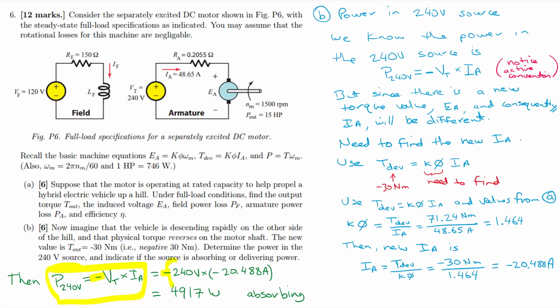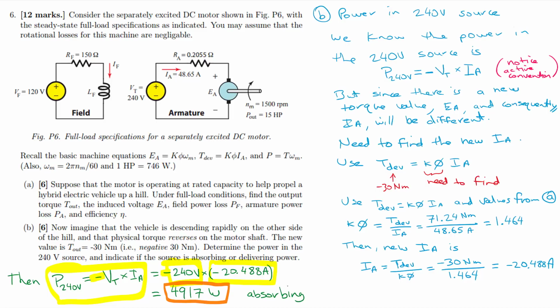We put in the value for VT, which is 240 volts, and multiply it by the current value we just found, minus 20.488 amps, and we get a value of 4,917 watts.